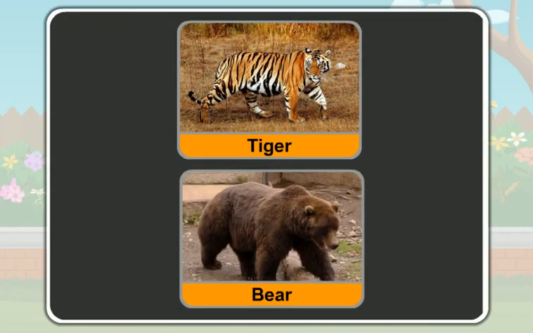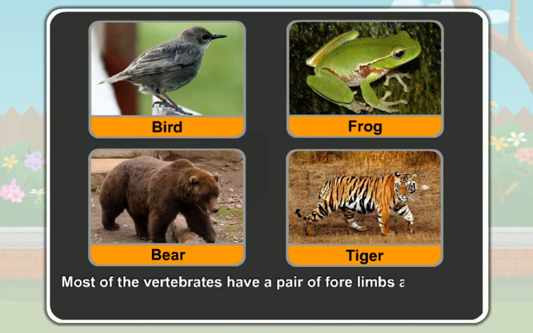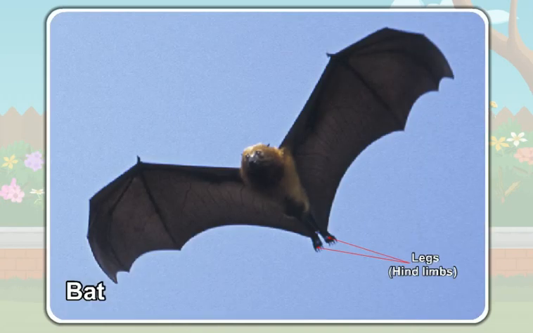A tiger and a bear also have a pair of forelimbs and a pair of hind limbs. Most of the vertebrates have a pair of forelimbs and a pair of hind limbs. A bat has legs as its hind limbs, but its forelimbs are modified into the wings.